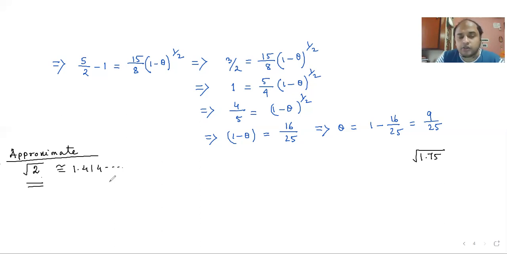In this type of problem you'll see that I'm not trying to find root 2, but at least I can say that root 2 is the kind of number which will lie between this and that. That thing I'm going to show you in my next session.